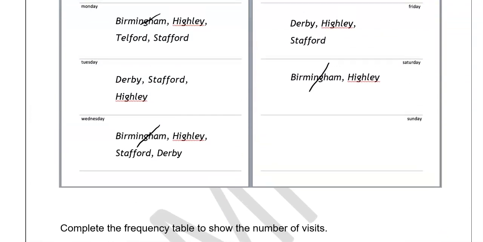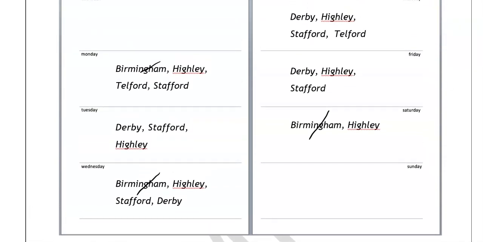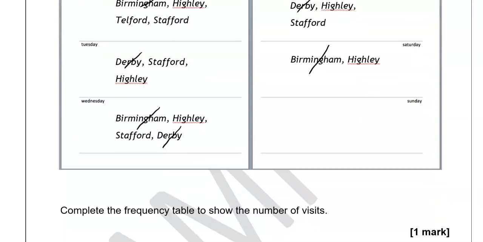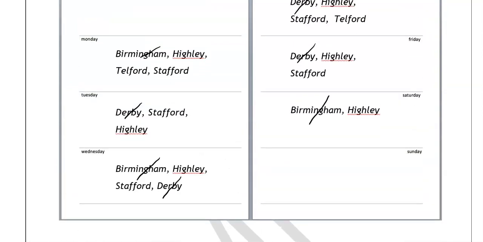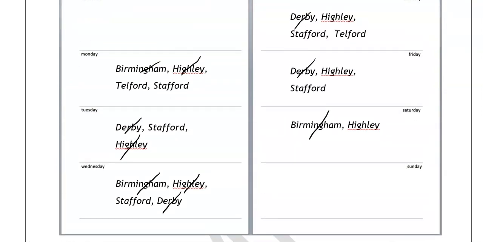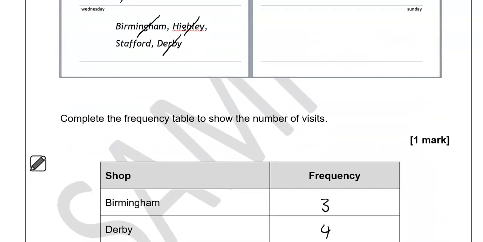Derby, 1, 2, 3, 4. Highley, 1, 2, 3, 4, 5, 6.